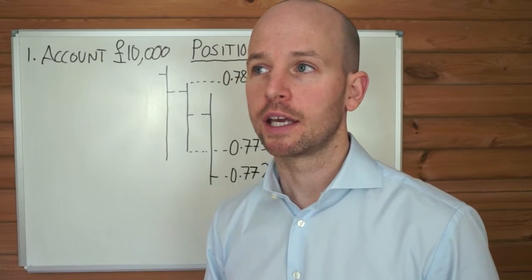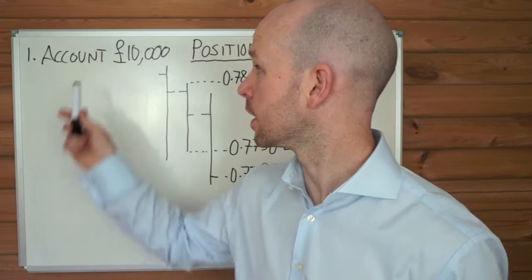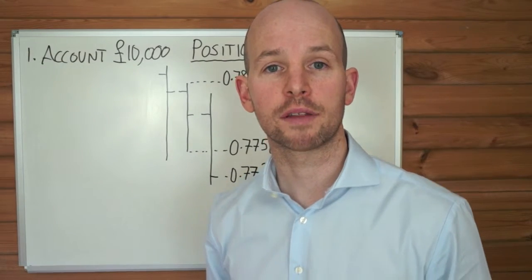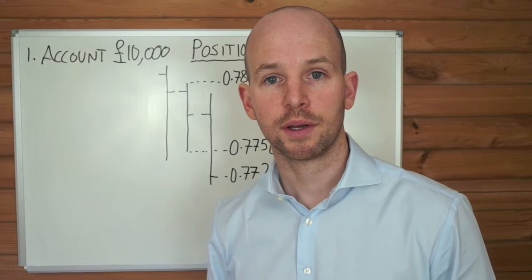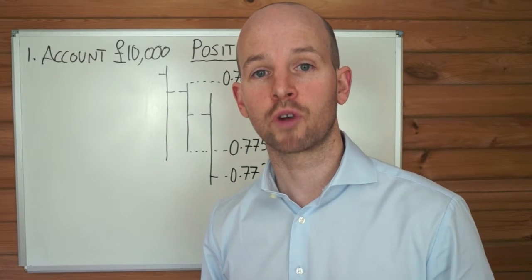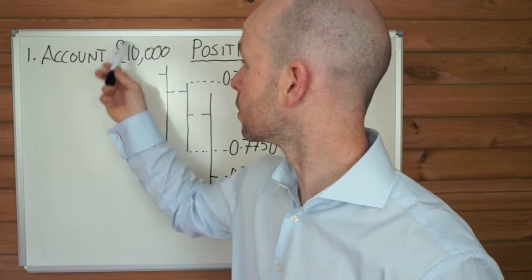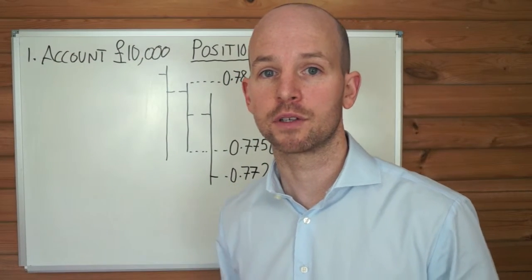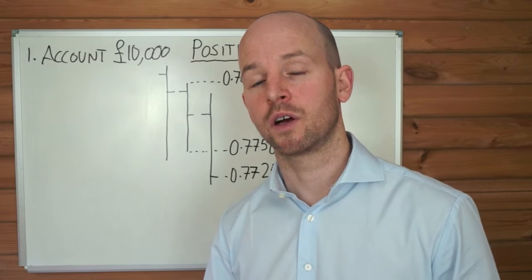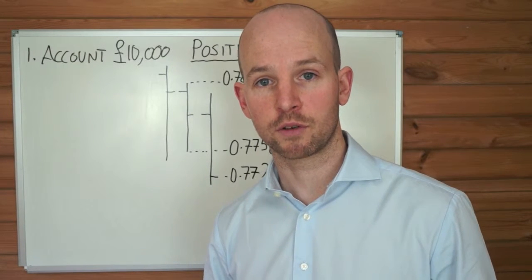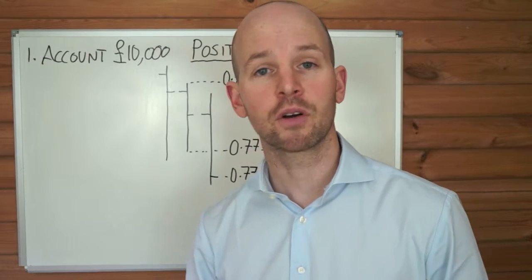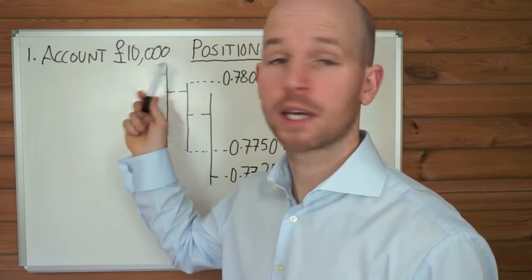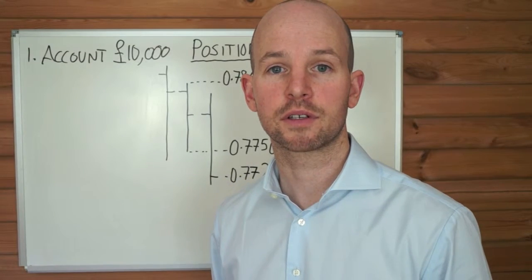If your account size was 10,000, 1% of 10,000 is £100. But as your account grows, let's say it goes up to 15,000, your risk and your position sizing increase too. So that 1% would then be 1% of 15,000.